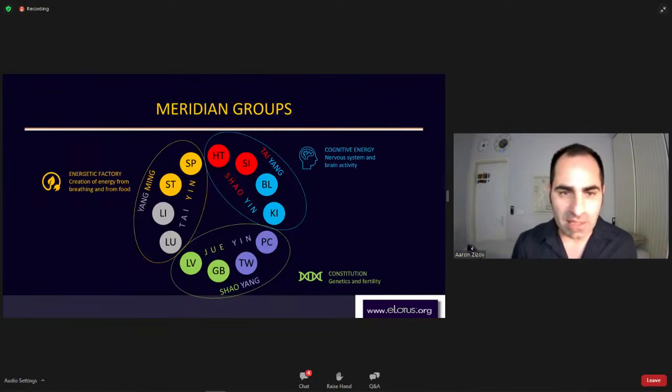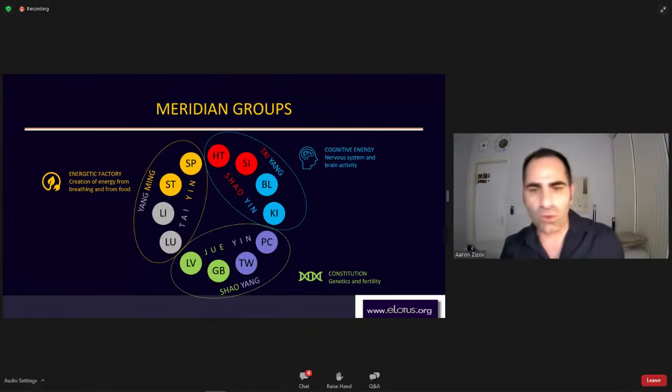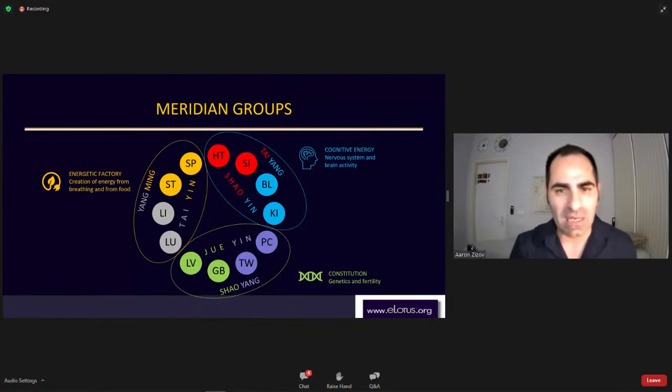So this is another way of deciding in a treatment, not getting lost in all the meridians. Usually I will not work on all the meridians together. I will work on the same system because it's more logical. We're looking for logic. Because they have this kind of connection, we will work on them together.